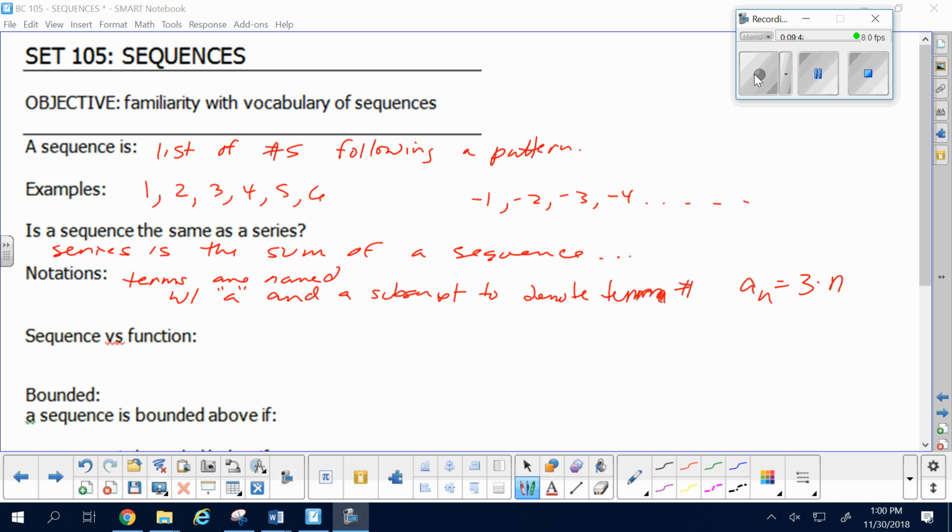For example, a sub n equals 3n. The general term is the rule that makes all terms. The book calls it generator form, but I have never seen that in any other textbook. It's always called the general term.